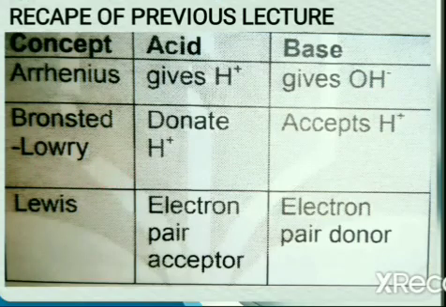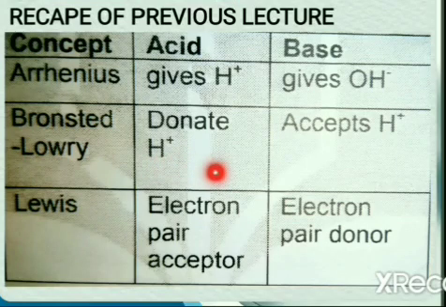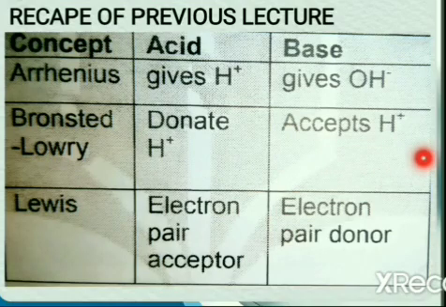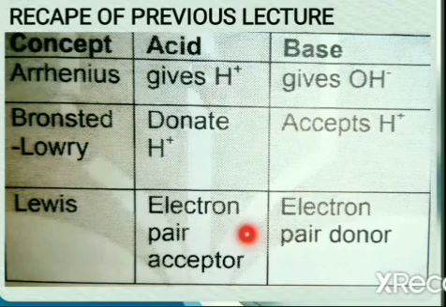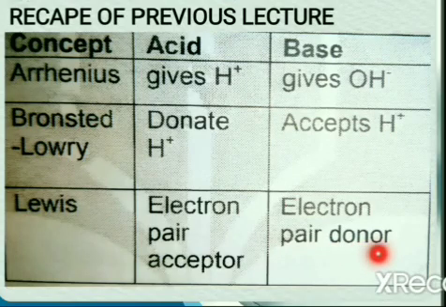Bronsted-Lowry concept: a substance that donates H ions or protons is an acid, and those that accept H ions or protons are bases. Lewis acids are electron pair acceptors, while bases are electron pair donors.